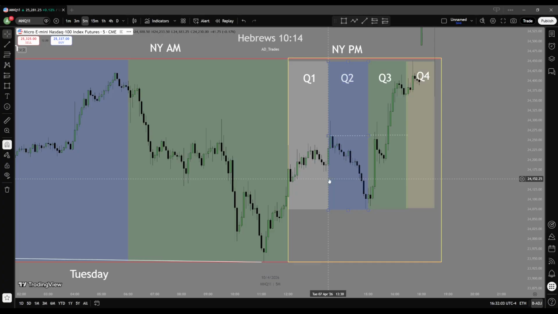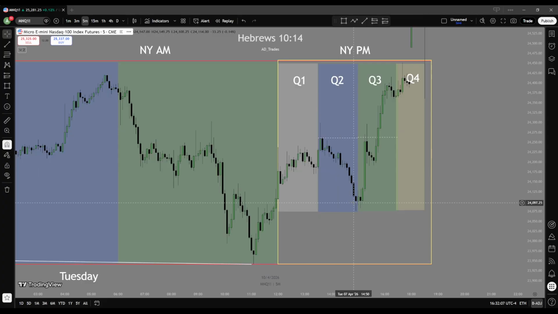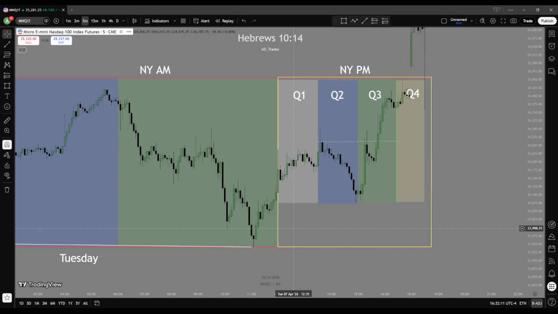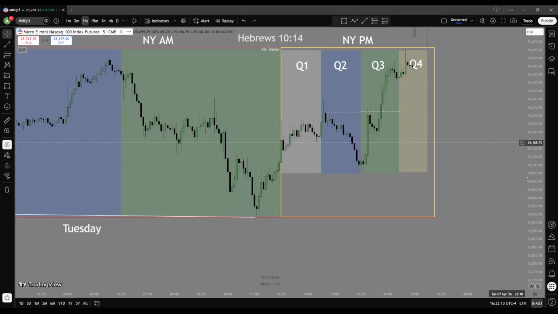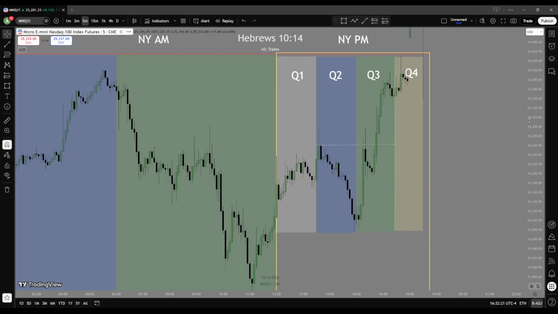Q1, the first hour and a half of the session, did not really do anything. Q2, what did we do? We had the manipulation leg to move lower. Remember, this is within the context that PM should be reversing. We should be bullish. When did we have the true bullish nature of the day? Finally, within Q3 or Q4. Within Q2, technically.